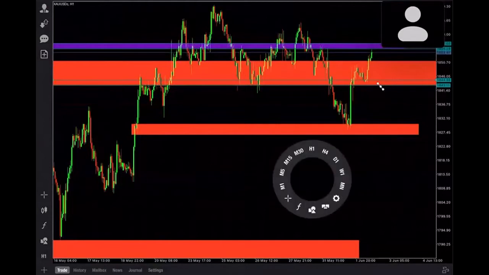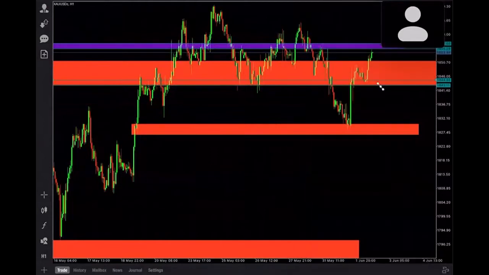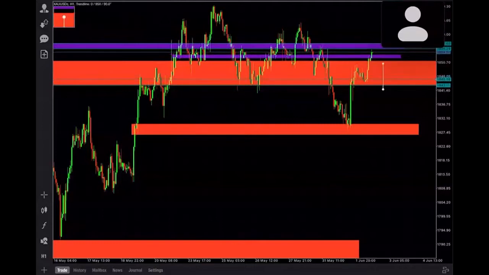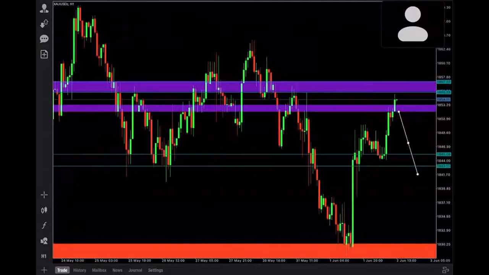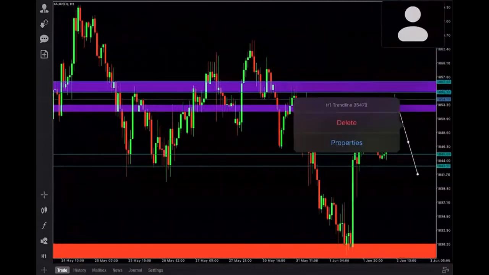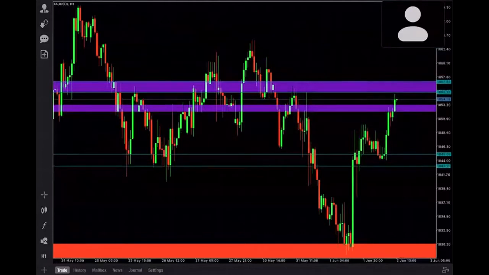Now I want to label the next place it cannot break, which is over here, but it already flew. So if we were looking for a buy, it just cannot break back this opening candle here. So okay, it doesn't matter. Now I'm done with the analysis.